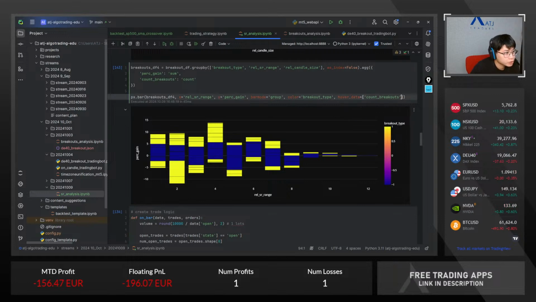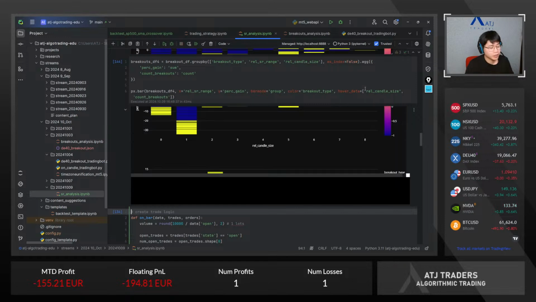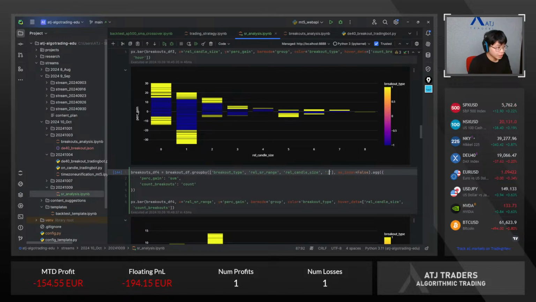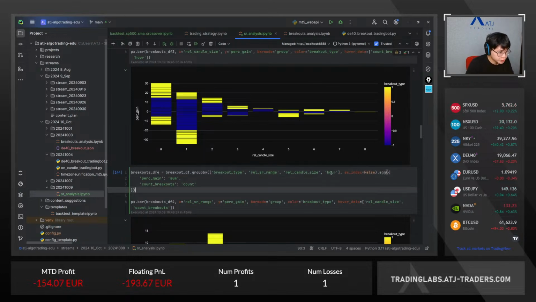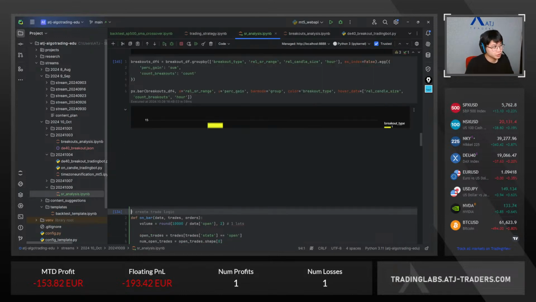And here I need to also include in the hover data the relative candle size. And this is a part where the analysis is getting very confusing and complicated, because we have two parameters, and then we can also add the hour, right? So now maybe I finally found some application where you can use machine learning, because multi-parameter optimizations are the biggest pain, especially when you just do it on the visual part.